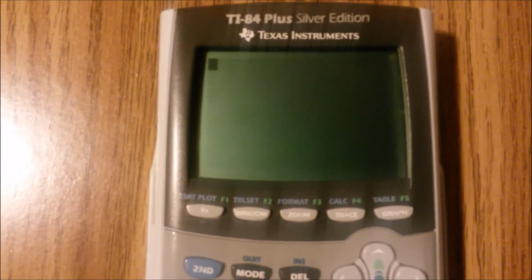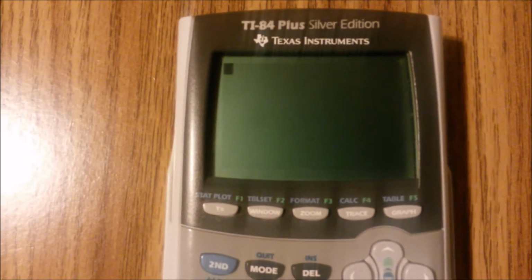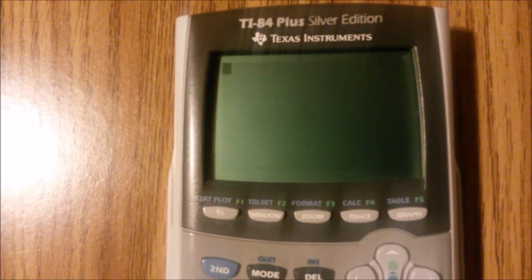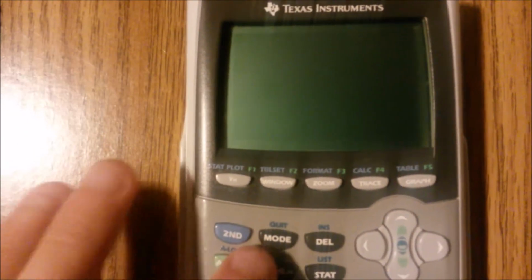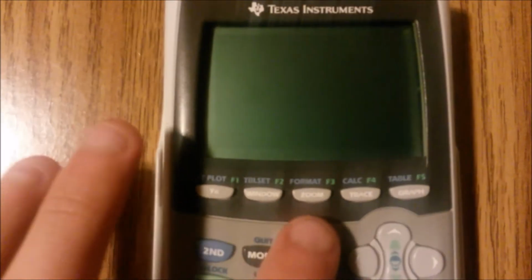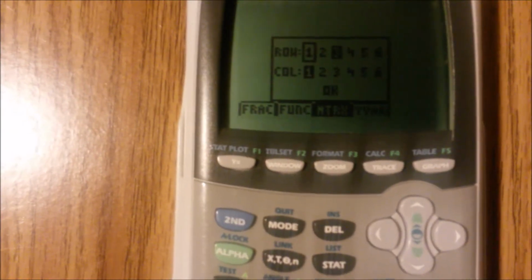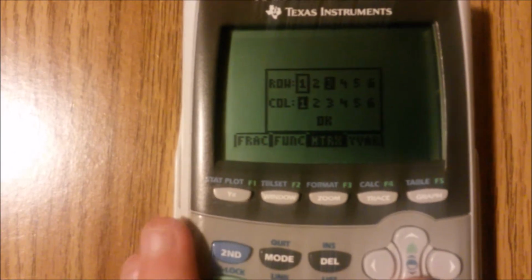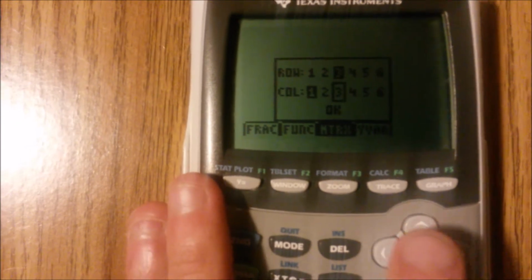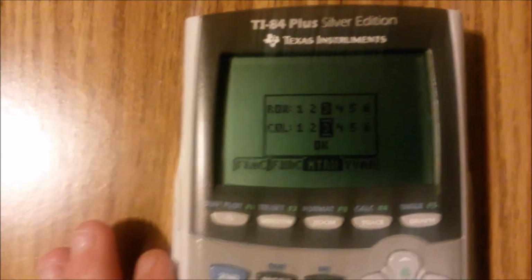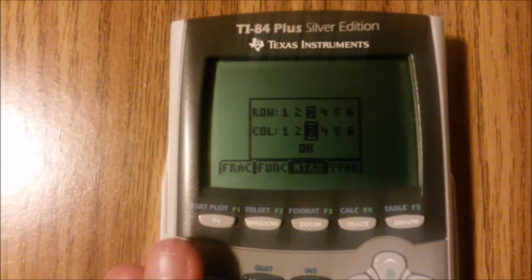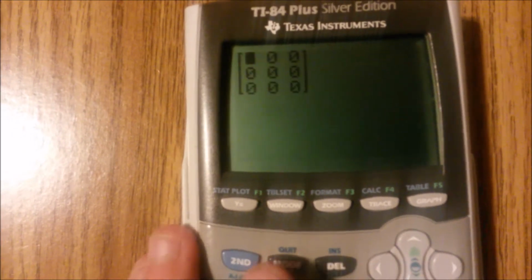To use your calculator to solve a system of equations using a matrix, first you go to Alpha, Zoom, and choose the number of columns and rows for your matrix. Both these numbers should be the same as the number of variables in the system of equations.